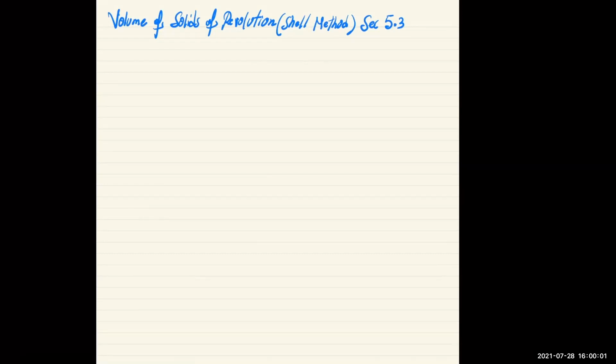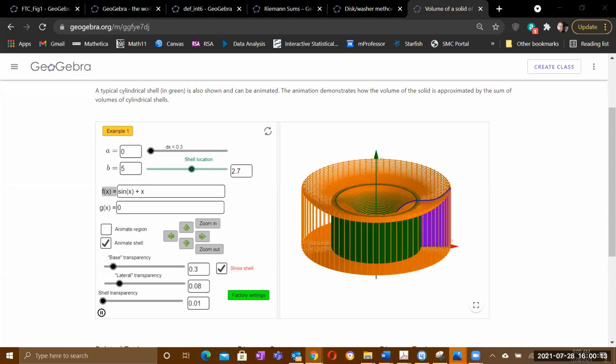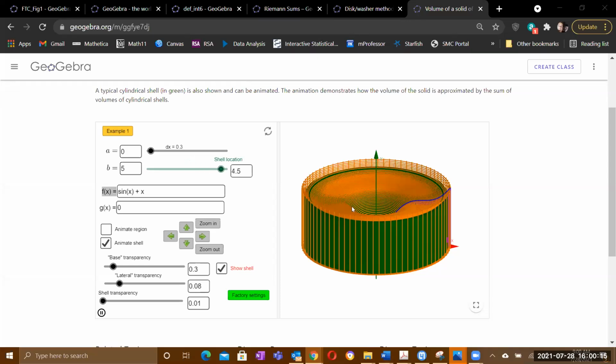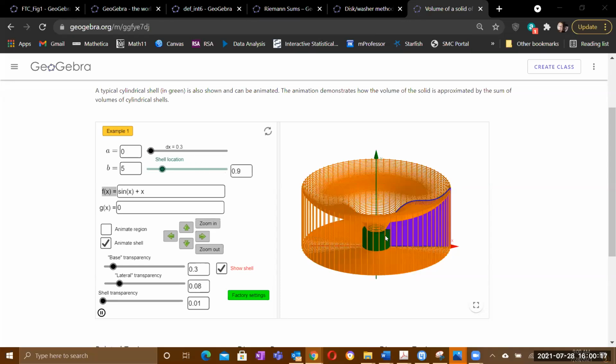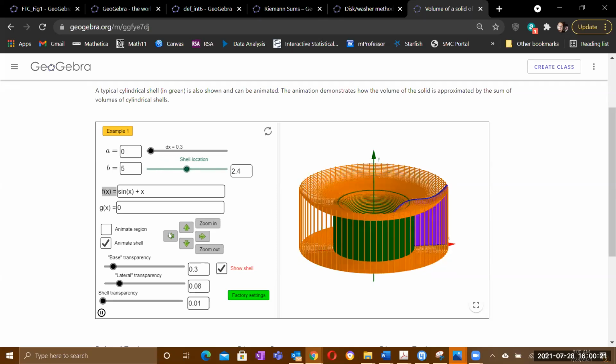Holy crap, this is really cool. Okay, I've got to figure this out. Give me a second. We'll just figure it out ourselves together. Hold on, let me share my screen. This is a really cool solid though. The equation is sin x plus x to something better.